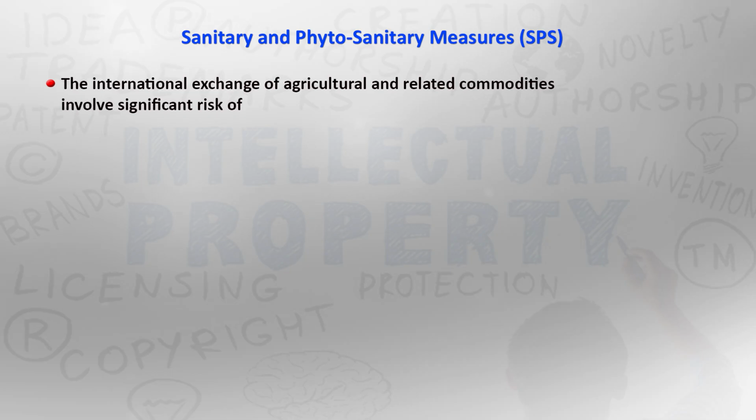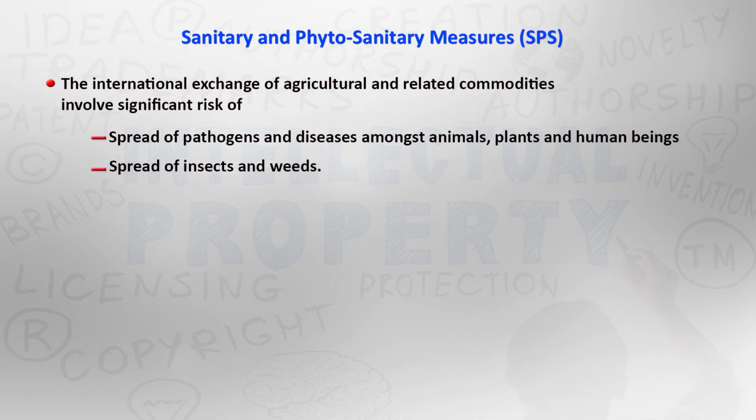And then sanitary and phytosanitary measures are another important issue emerging in the international exchange of agriculture and other related commodities. When agricultural commodities are traded internationally, there is significant risk of spread of pathogens and disease among animals, plants and human beings, and also risk of spread of insects and weeds when the commodities go from one part of the world to another nation.